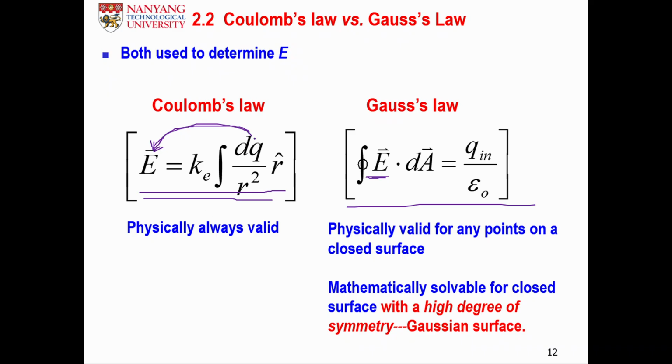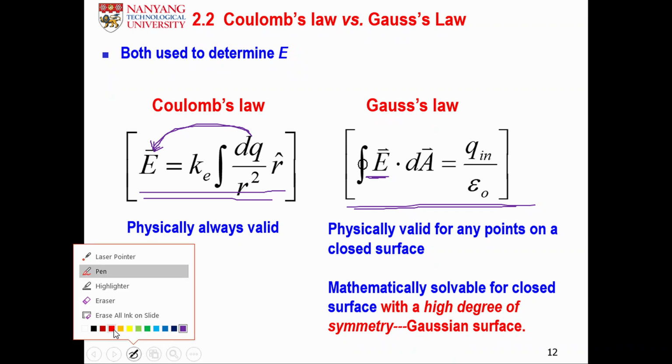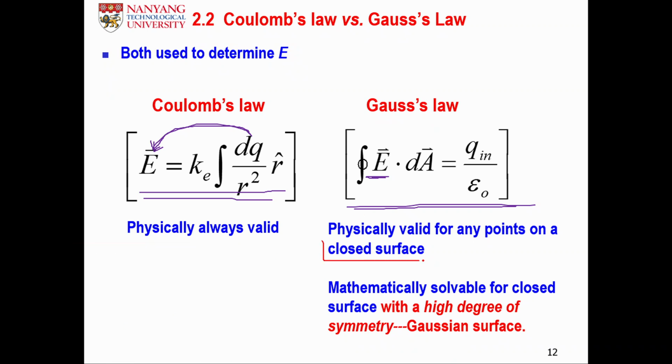As long as you can define a single point charge, then you do this integration, and that is going to give you the total E. While for Gauss's law, in order to apply it, first of all, you will need to have a closed surface.